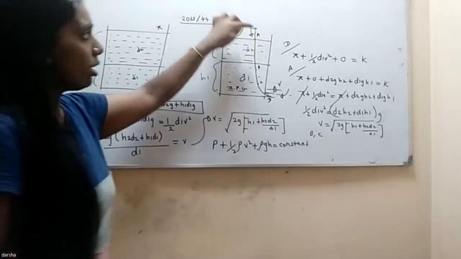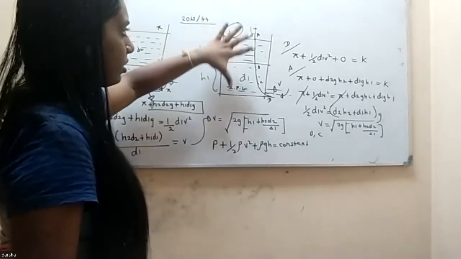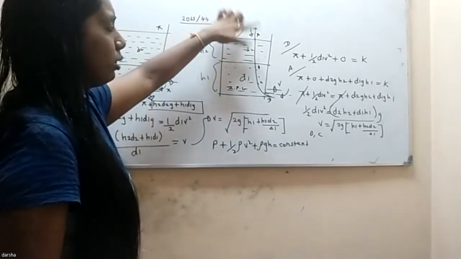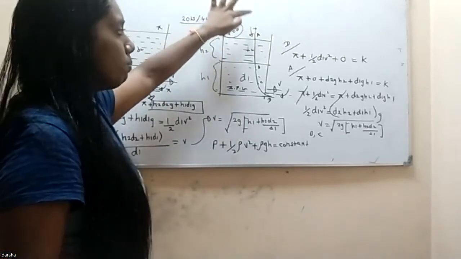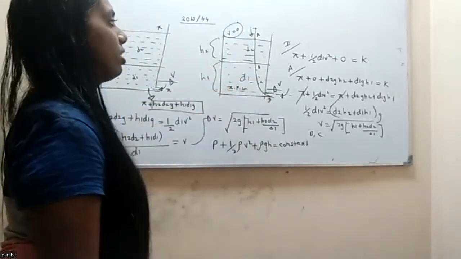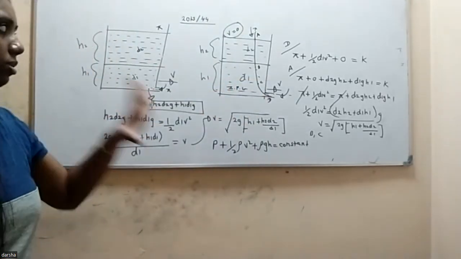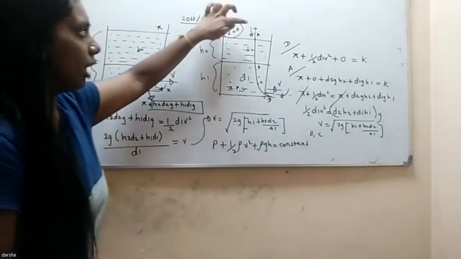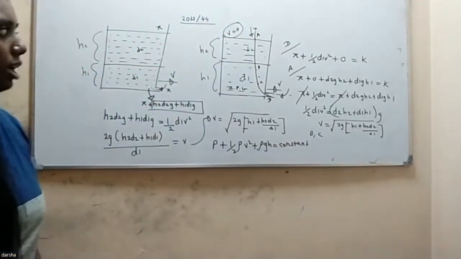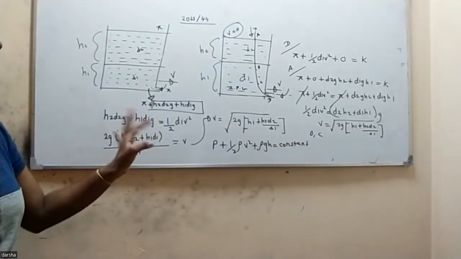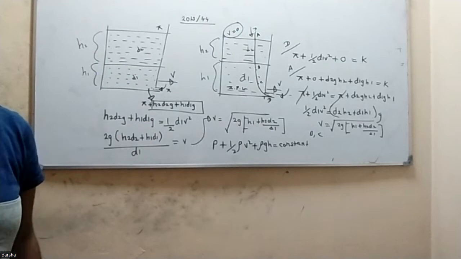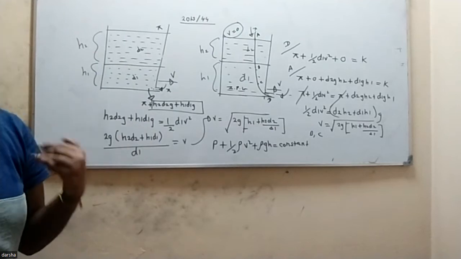Why did I choose A? Because at point A, I know the pressure. But for point B and point C, we don't know the pressure. Most of the students make the mistake of writing P plus h rho g as the pressure at point B and at point C. Not like that. Why? Liquid is flowing. Hydrodynamics.